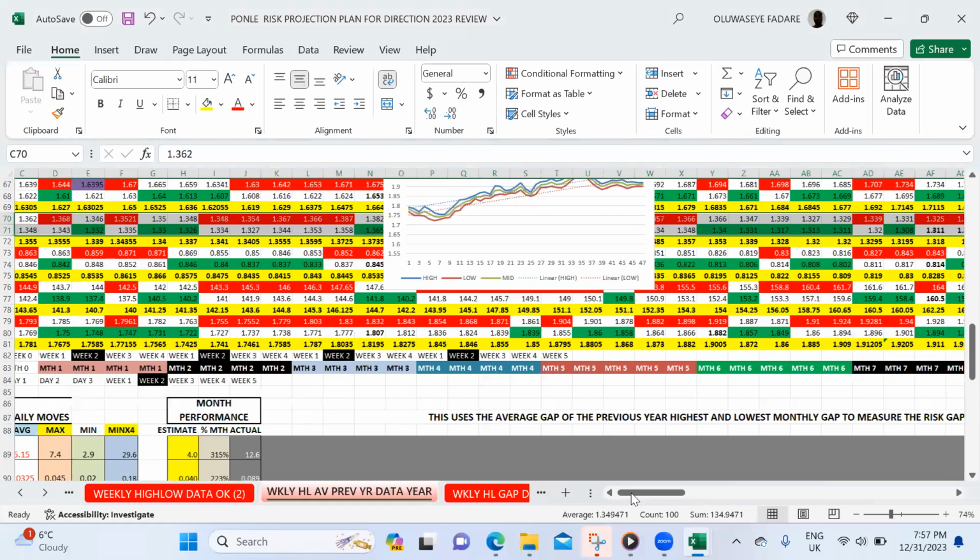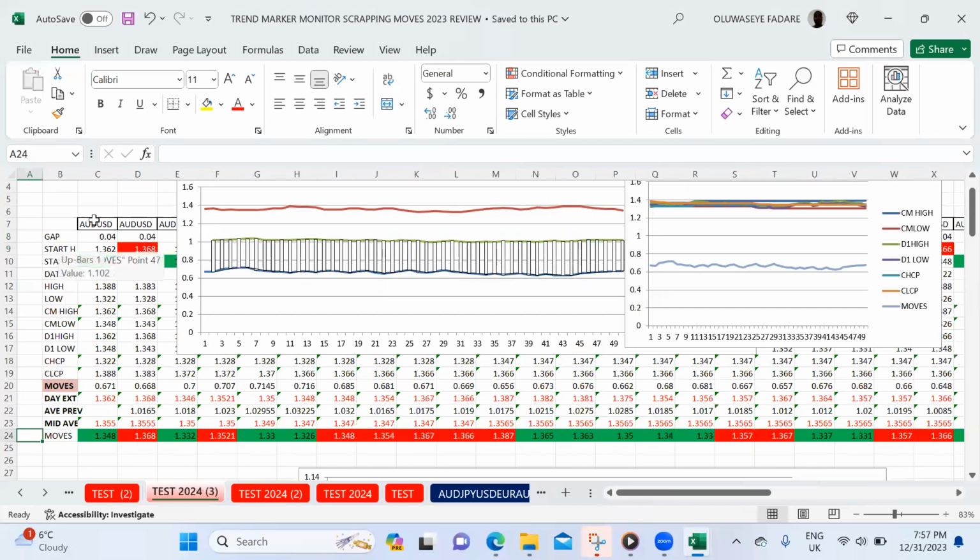I think that's USD card. So we replace our title with USD card, okay?